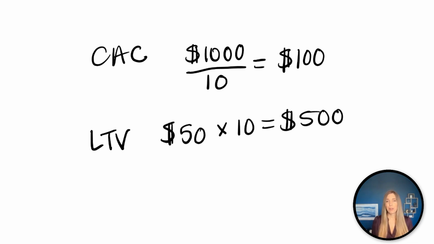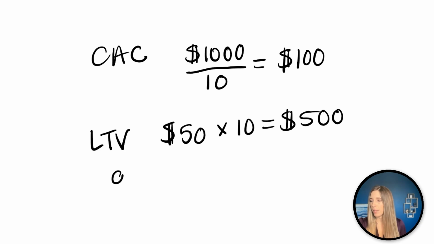You're probably wondering at this point, well, how do I know that the average member stays for 10 months? This is actually pretty simple to calculate if you know your retention rate or your churn, which is just the opposite of retention. So in this case, our churn is actually 0.1 because our retention is 90%.